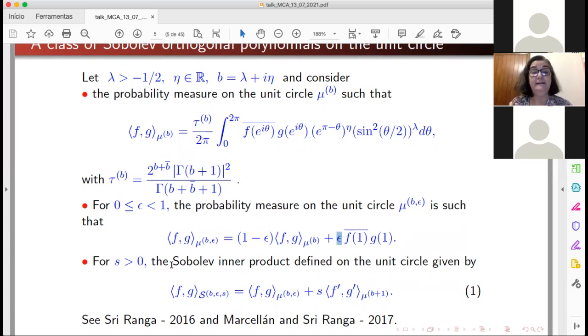And the Sobolev inner product that you are going to use is the following. For s positive, the first measure, the one that involves the function, is the measure mu b epsilon, like this one, and the second measure is mu b plus 1.